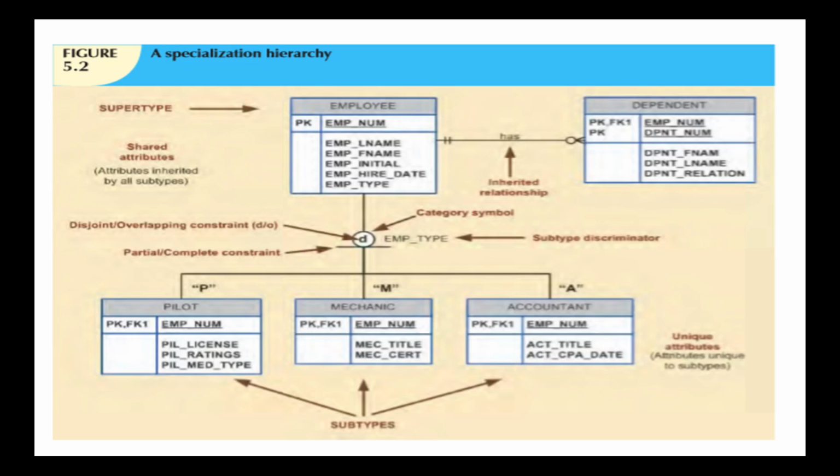So these common characteristics are inherited by the pilot, mechanic, and accountant entity subtypes. And the employee entity supertype contains a relationship with the dependent entity. That relationship is also inherited by all the employee subtypes: pilot, mechanic, and accountant.